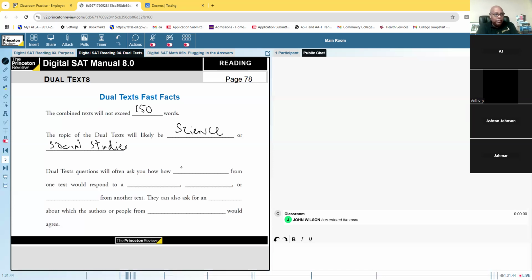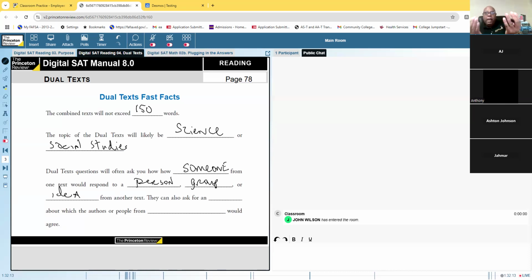These are all social studies. Psychology, I suppose. Dual text will often ask you how someone from one text, and this is very important, usually the author, would respond to a person, group, or idea from another text.